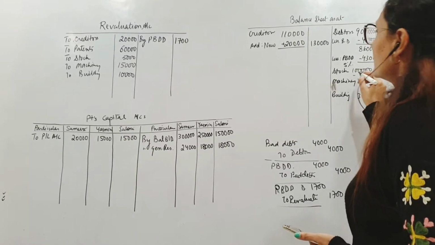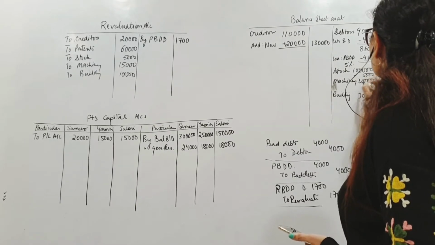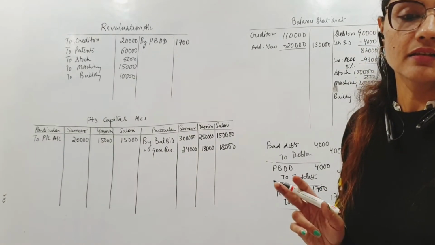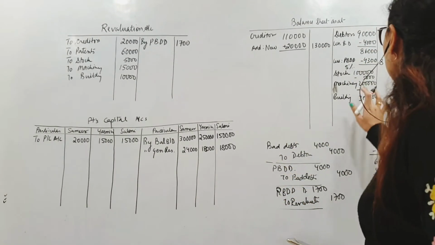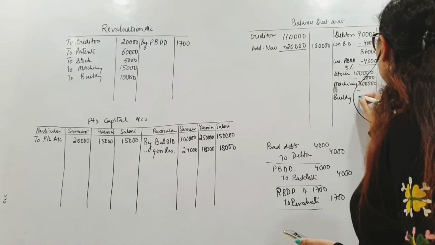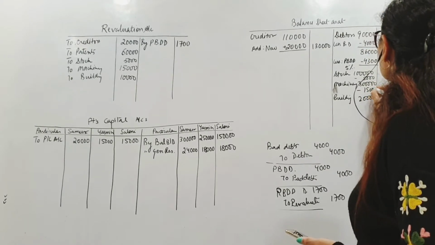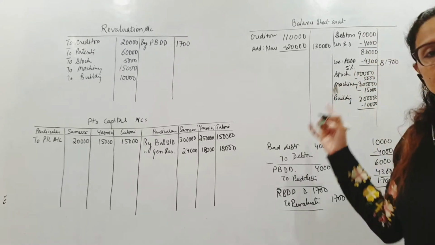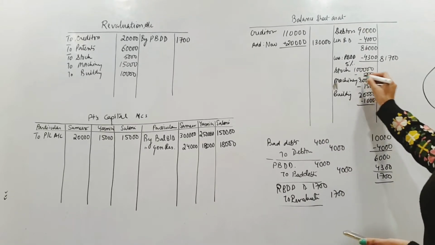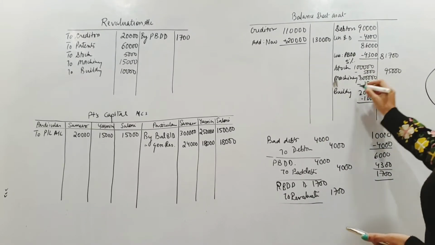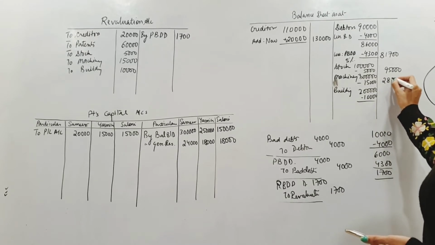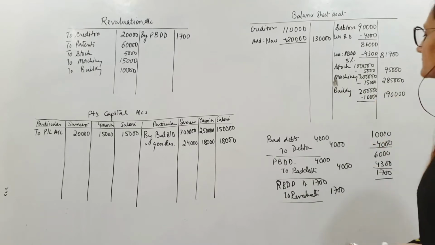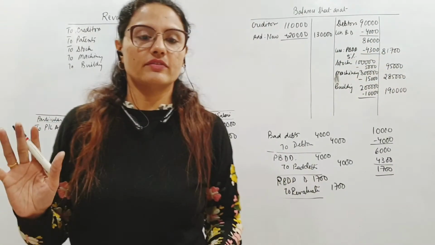Minus 5, okay, building is 2 lakhs, machinery is 3 lakhs. Okay, so all these assets come at their depreciated value. Stock हो जाएगा 95,000. This will become 2,85,000. This will become 1,90,000. Alright? So both cases are giving the effect.